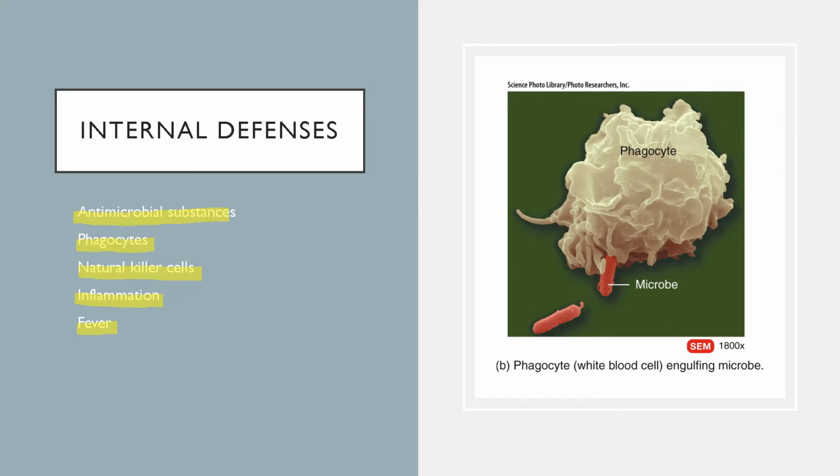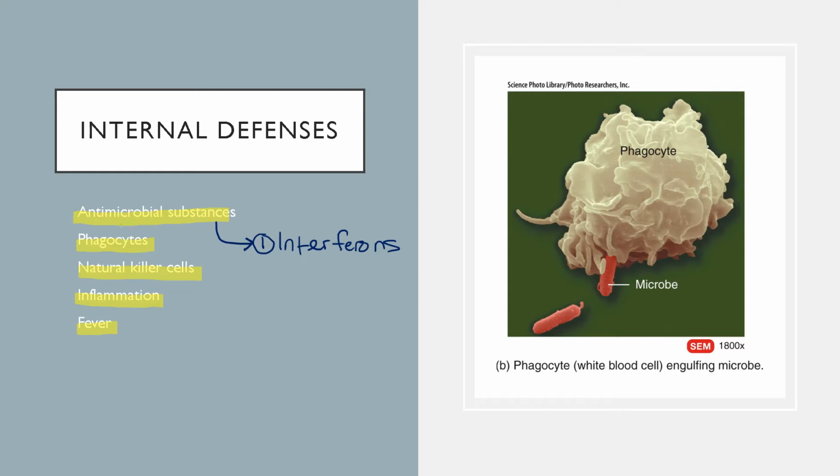Now, when we're looking at antimicrobial substances that discourage microbial growth, there are four main types. Our first one is interferons.